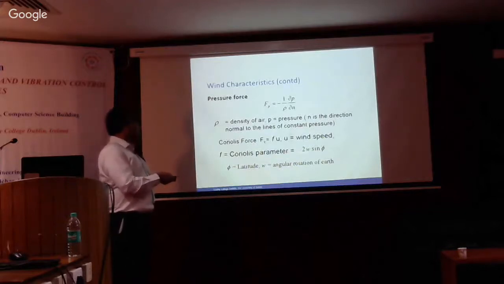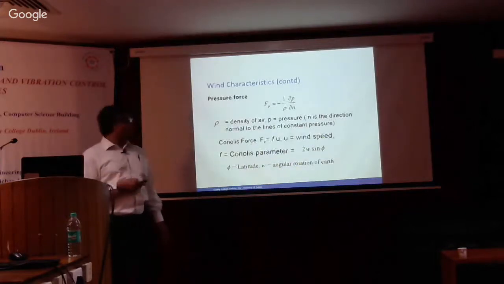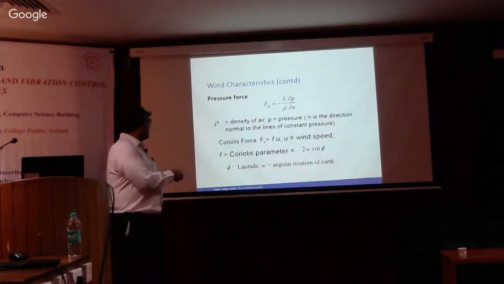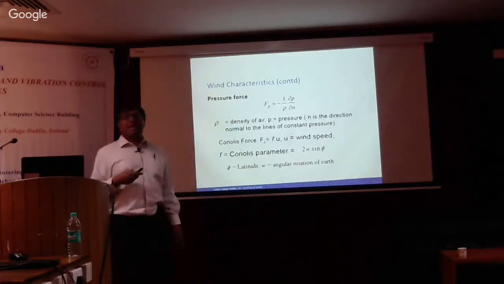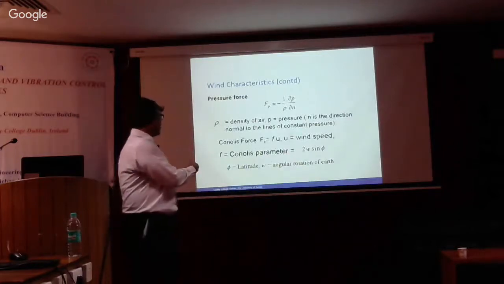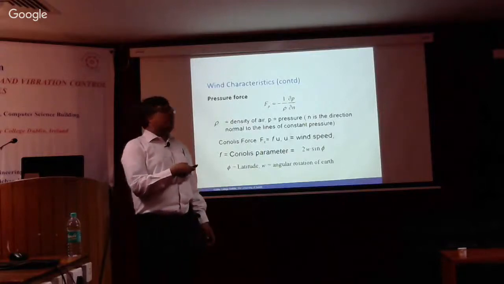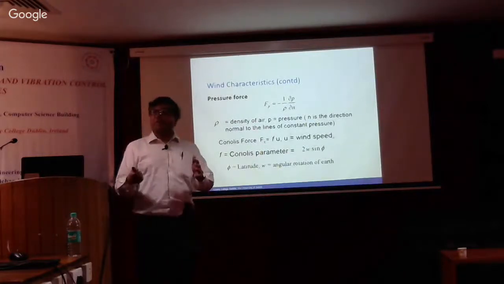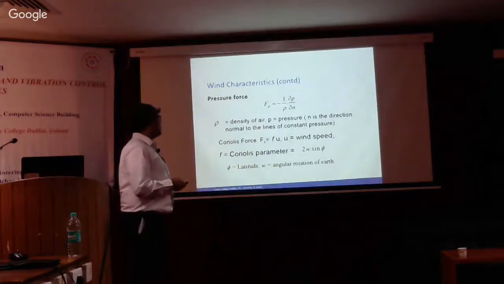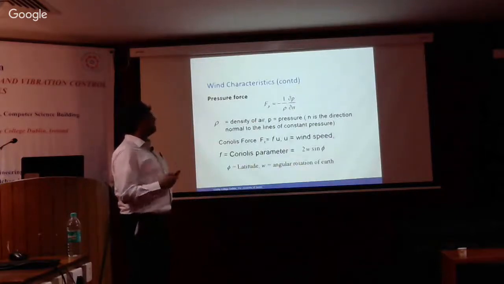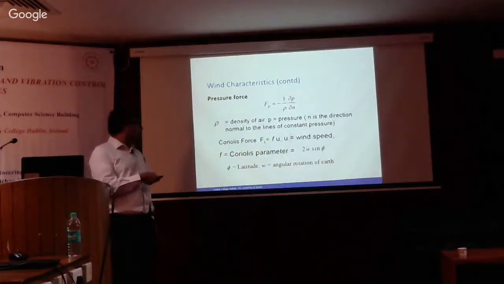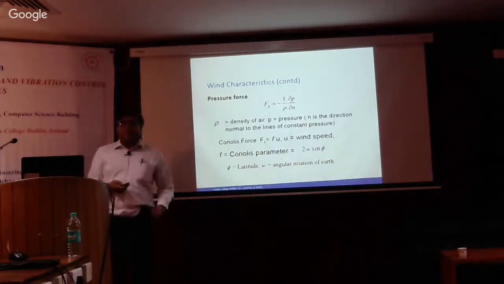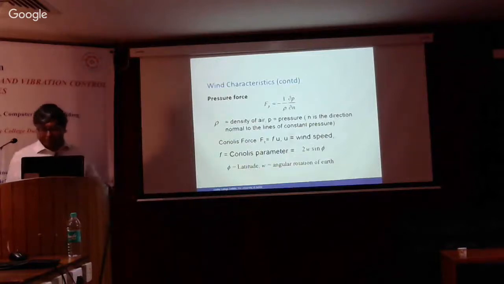Phi is the latitude, omega is the angular rotation of Earth. It's a small value, but sine phi is going to be 0 at the equator because the latitude is 0. So at the equator, we don't have the Coriolis force. That's why at the equator, they say the geostrophic balance breaks down. Normally, geostrophic balance is the balance between the pressure force and the Coriolis force. At the equator, you don't have this force, but it's present in any other region.